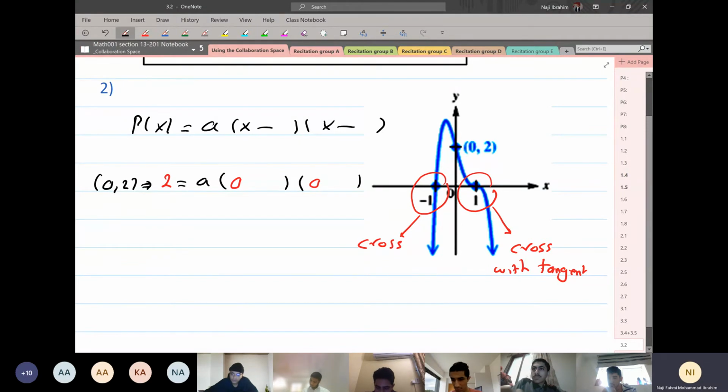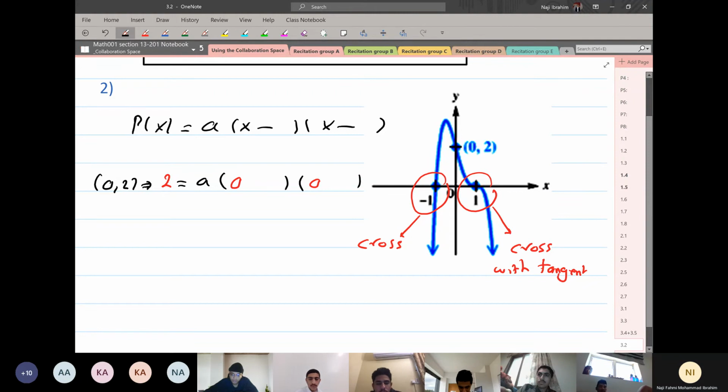Okay, Nasser Al-Fuhaid, can you give us the first bracket? x minus 0 and x minus 2. So what are my x-intercepts? What are the x-intercepts of the graph?